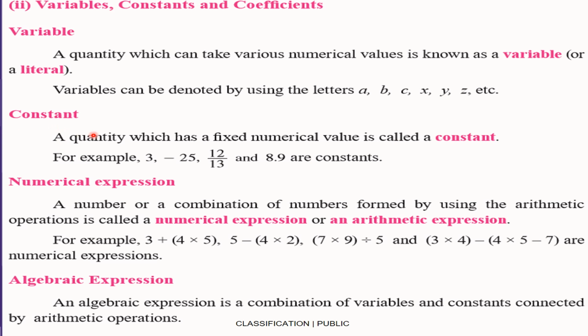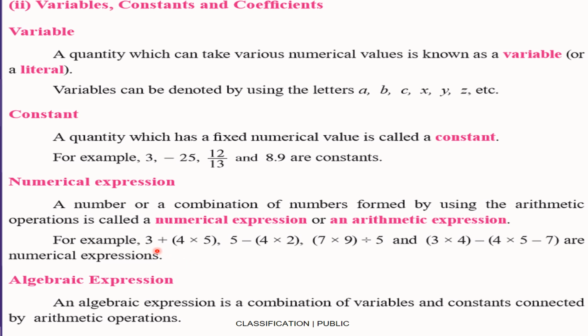Next, constant. A quantity which has a fixed numerical value, that is a number, is called a constant. For example, 3, minus 25, 12 by 13 and 8.9 are constants. Next, numerical expression. That means a combination of numbers formed by using the arithmetic operations, that is plus, minus, multiply, divide, is called a numerical expression or an arithmetic expression.